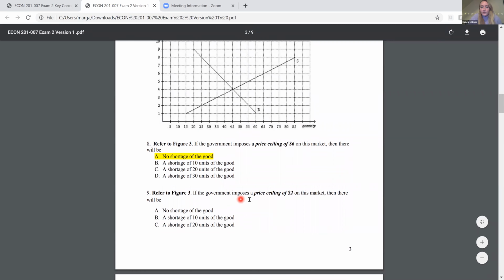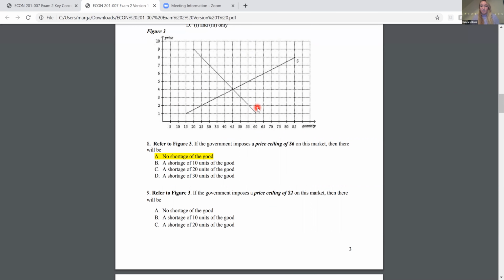So if the government imposes a price ceiling of $2 on this market, equilibrium, they're happy with $4, but the government says, now the maximum price that you can charge for this good is $2. Well, buyers and sellers were happy with 4, but now they have to change their behavior and abide by this law. So this is a binding price ceiling, and this is going to cause a shortage.